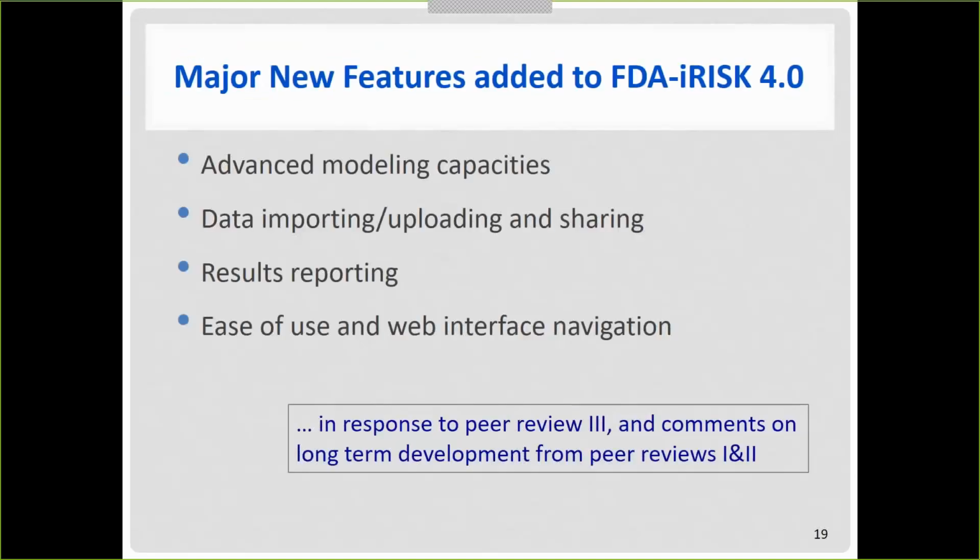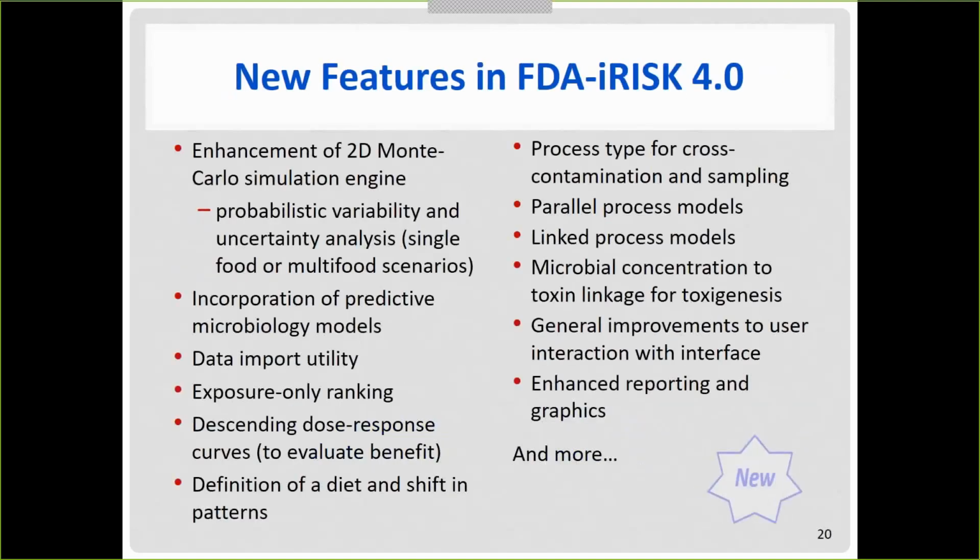The category of new features added includes substantial new capacity for advanced modeling, for data uploading and sharing, for results reporting, and enhancement to the web interface and user notifications. Here's a list of new features.